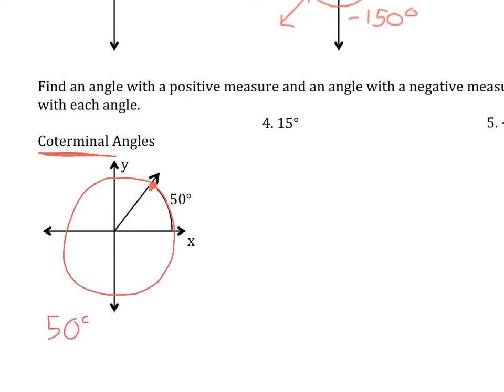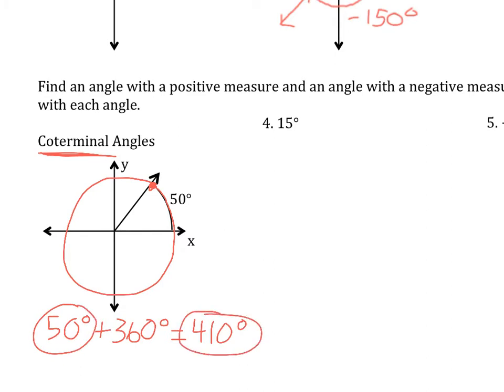So 50 degrees and then 360 degrees more is 410 degrees. So 50 and 410 are coterminal angles. So anytime you add 360, you end up in the same spot. You can also subtract 360 and you'll end up in the same spot.